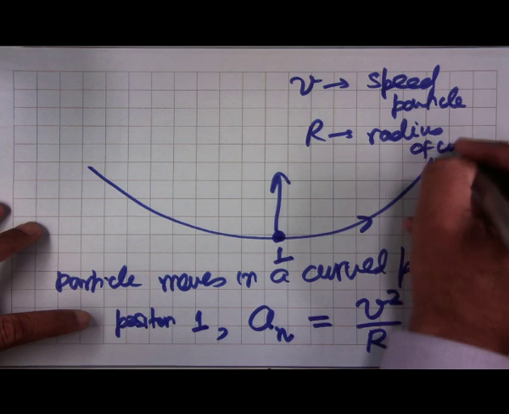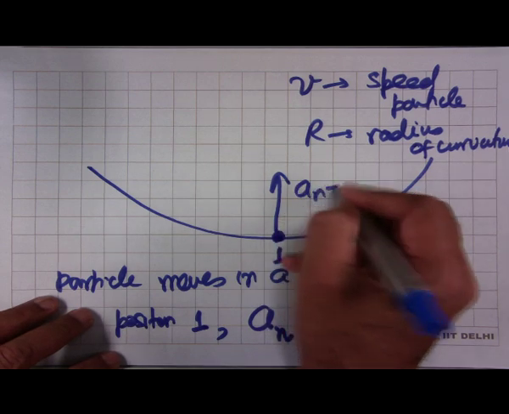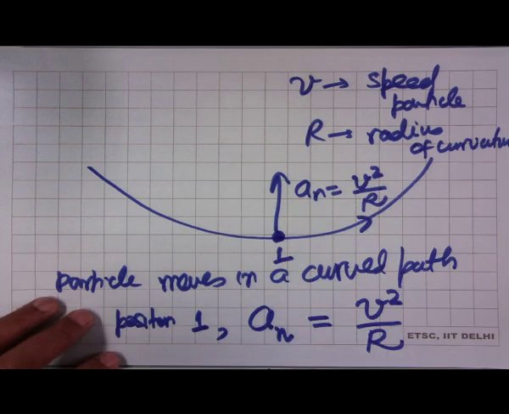So, if this is a circular path, then r will be the radius of the circle, and so a n is equal to v square upon r.